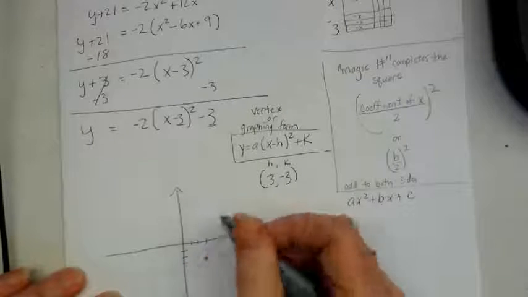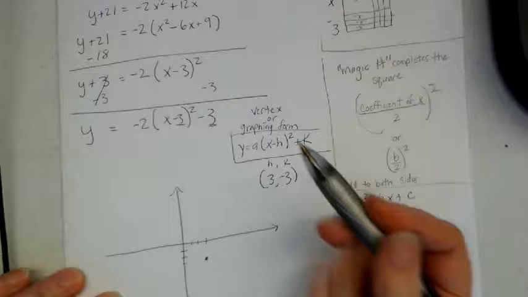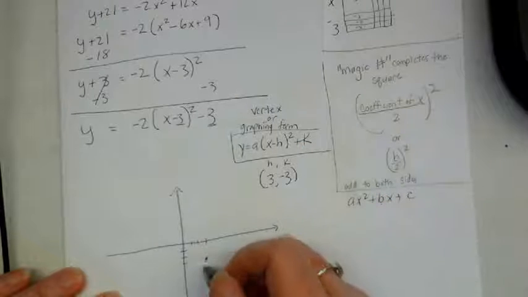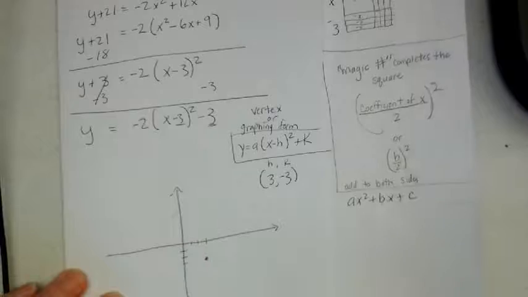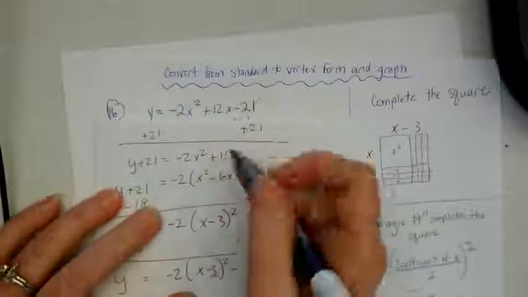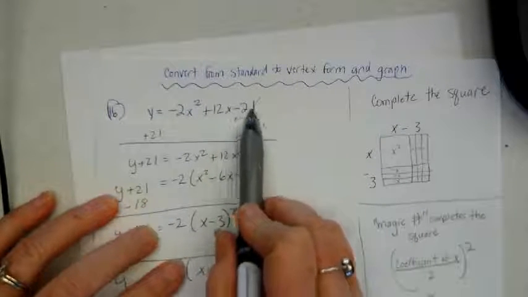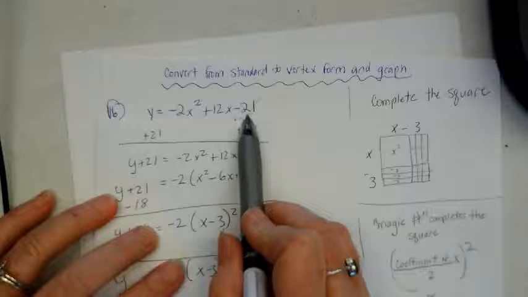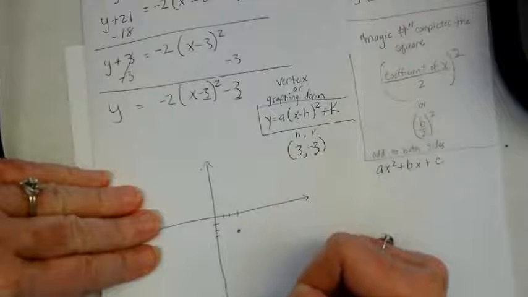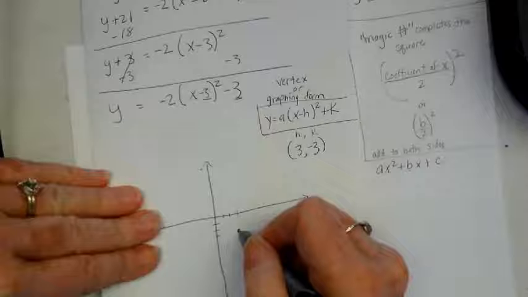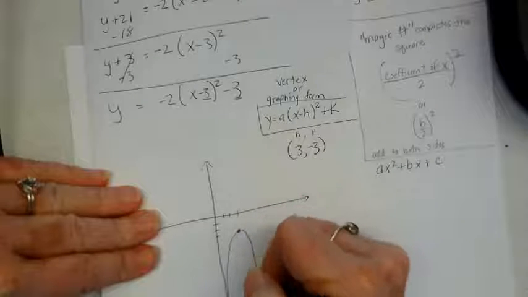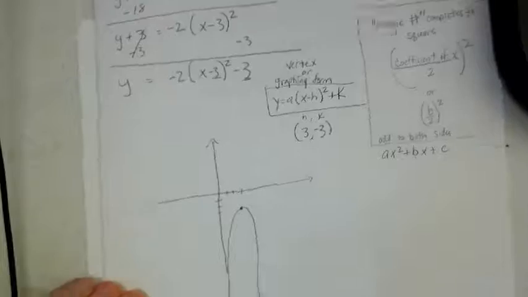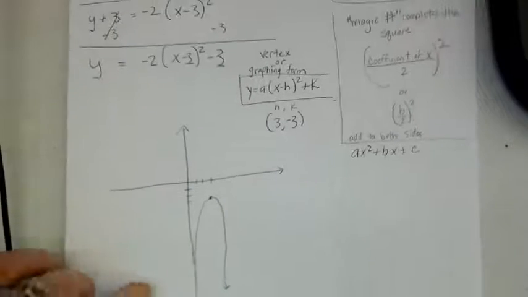I know it faces downward, and I know it has an intercept way down here, because the original shows that my y-intercept is at negative 21. I'm just going to pretend that that's negative 21. So there's kind of a sketch of a graph for you, but I'll show you how to do it on your packet.